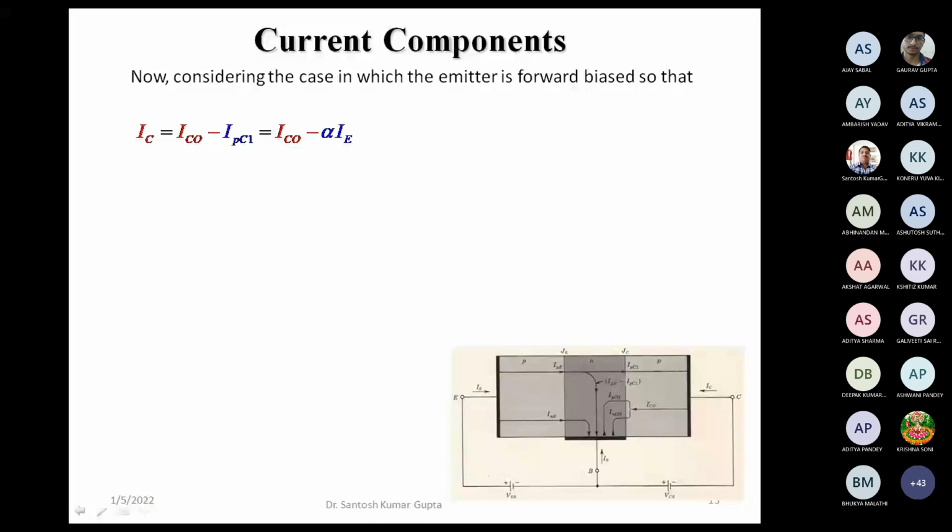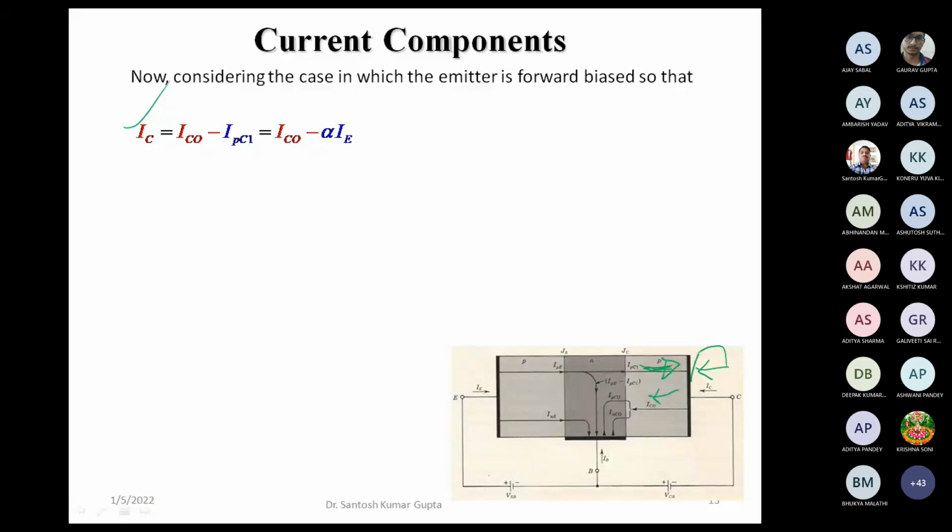So the direction of the current IC is written like this here, whereas IPC1 is set to flow in this direction, and ICO is flowing in this direction.